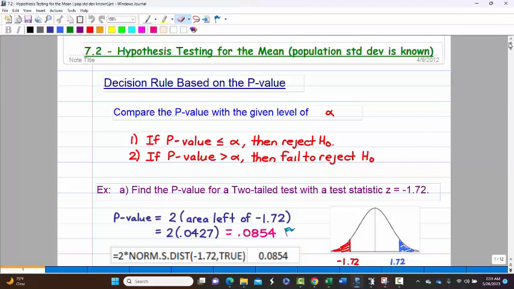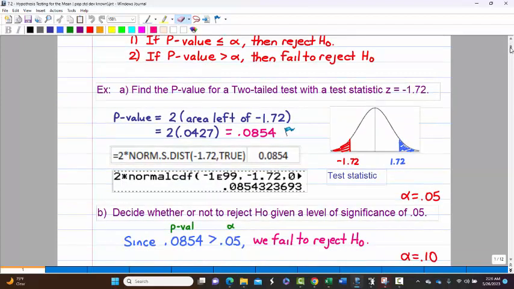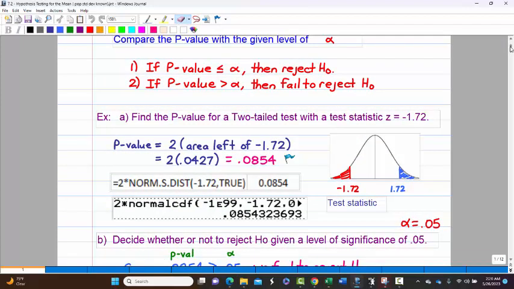Here's an example. Suppose we want to find a p-value for a two-tailed test with a test statistic negative 1.72. As we learned in the last section, with a two-tailed test the test statistic may be positive or negative, so it will automatically cover both sides.